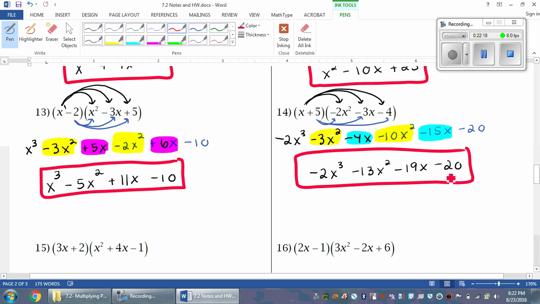Again, if you are not getting these correct or you're messing up on your exponents, please raise your hand and have the teacher come check your work.